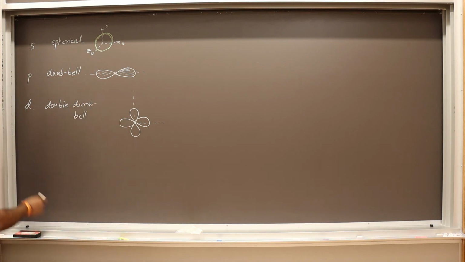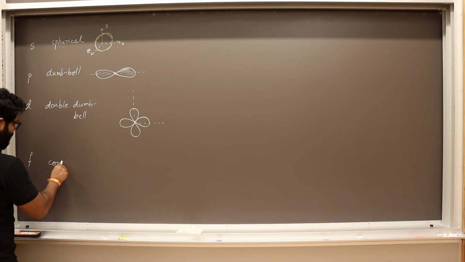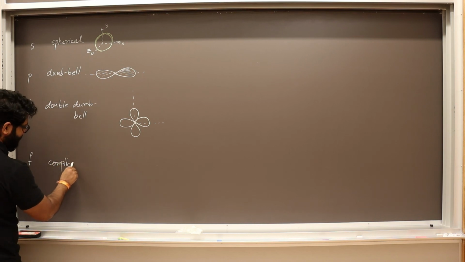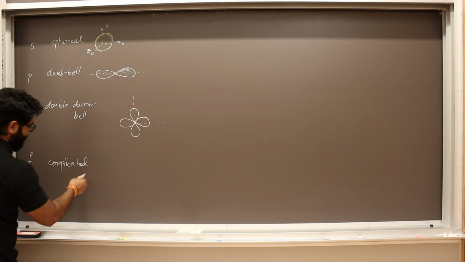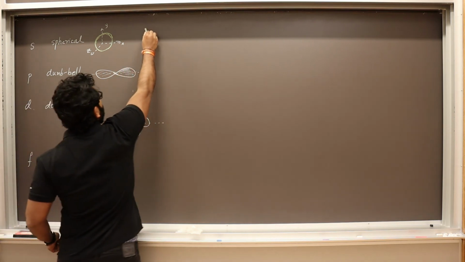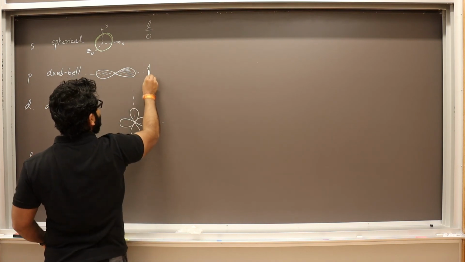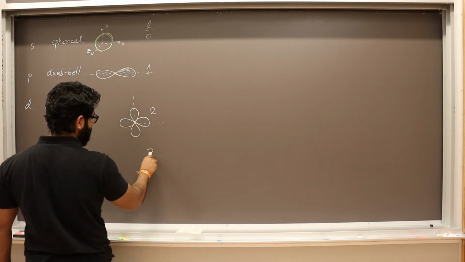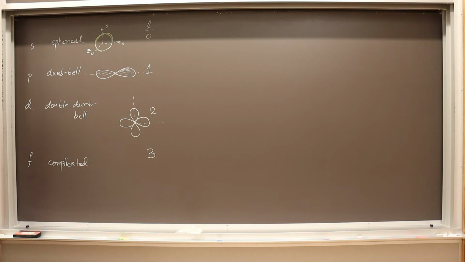Okay, the f orbital is really complicated, so I cannot draw that on the board. Okay, this has a complicated or a complex shape. Okay, so the L for these were 0, 1, 2, and 3. Okay, pretty simple concept.